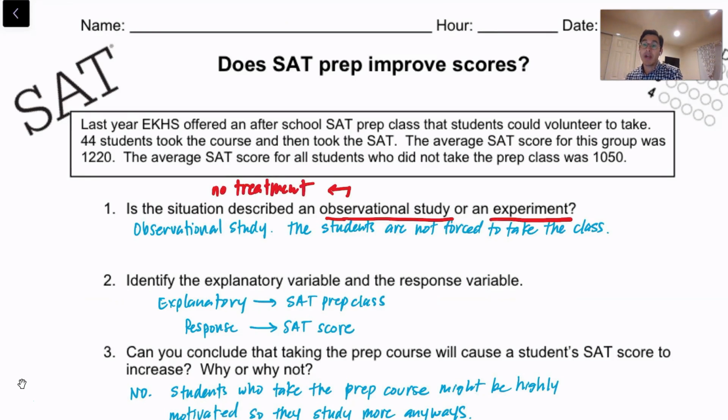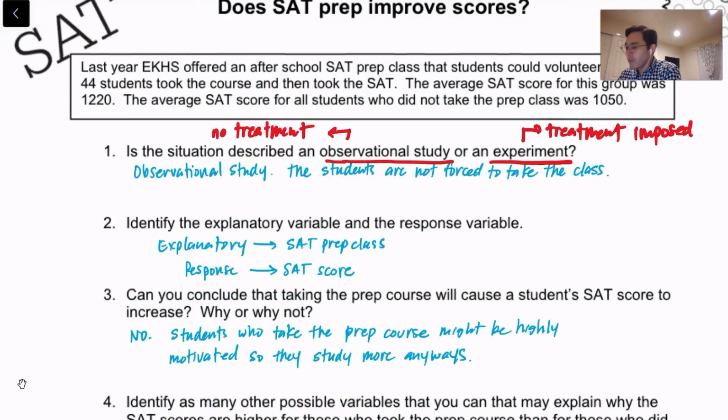An experiment, on the other hand, is one where a researcher is imposing treatments on some subjects, but maybe not others. Now, imposed is just kind of a nice way of saying we're forcing that treatment on them, we're assigning it to them.